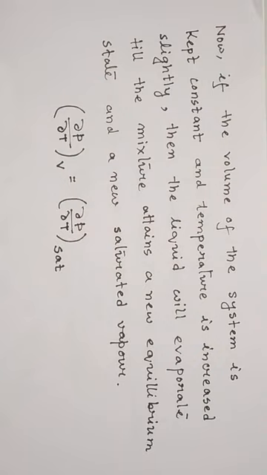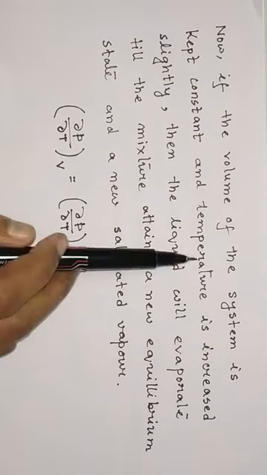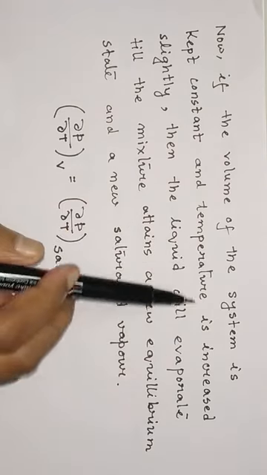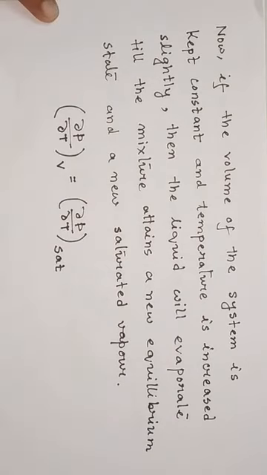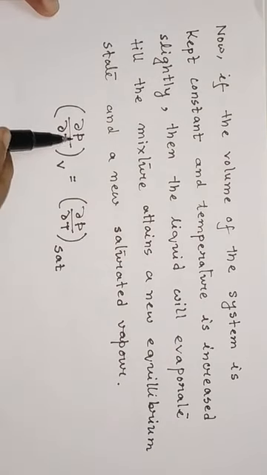So now the vapor pressure has changed from the previous value, because we have changed the temperature, and to be precise, we have increased the temperature. So del P del T gives us the rate of change of pressure at constant volume.